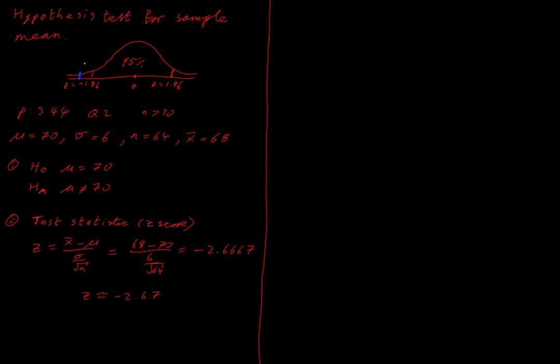So that is not inside of our 95% confidence interval. So the 95% confidence interval for this type of question is going to be written in a standard form, effectively. Your Z-score must be between plus or minus 1.96.